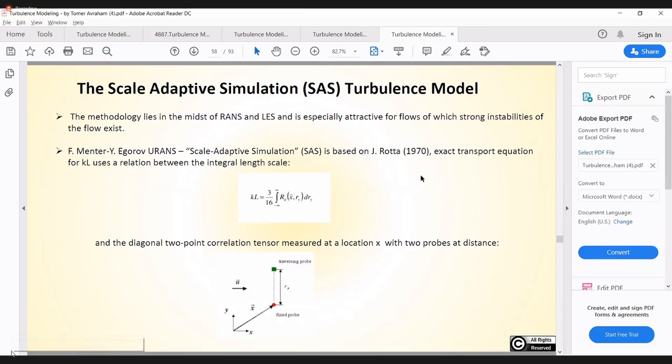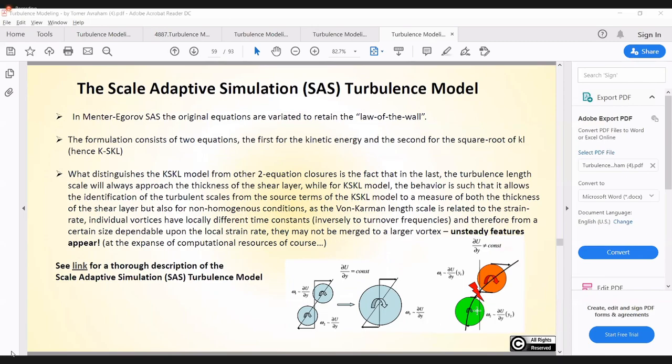Menter and Egorov, if any of you heard about the scale adaptive simulation, which kind of uses two-point correlation, and the fact that in two different points the shear layer has a different thickness, so the eddies do not combine. So you get some kind of turbulent content, some kind of unsteady feature.